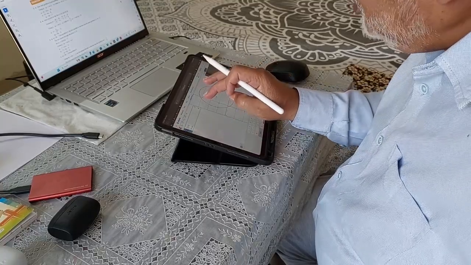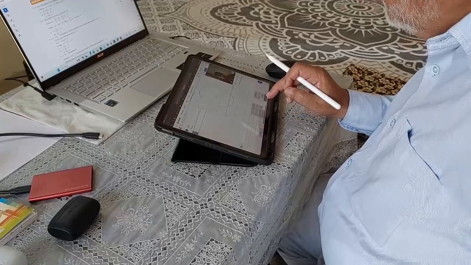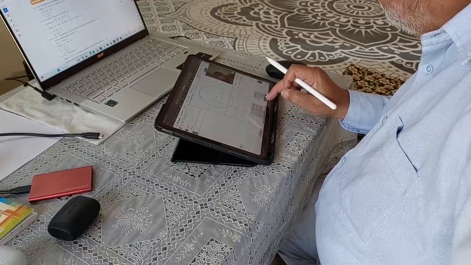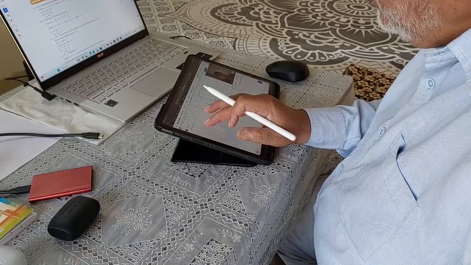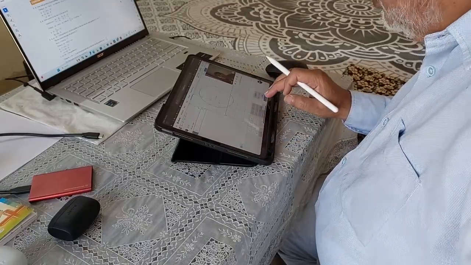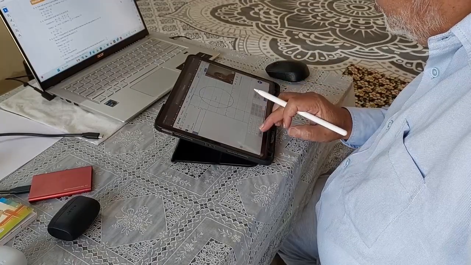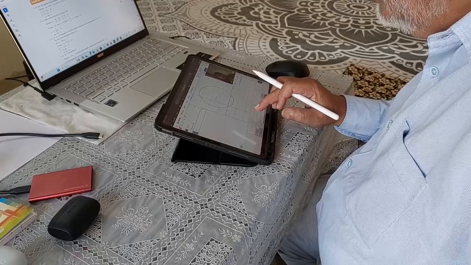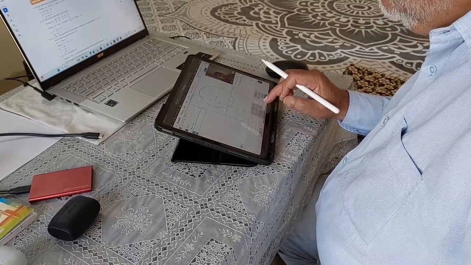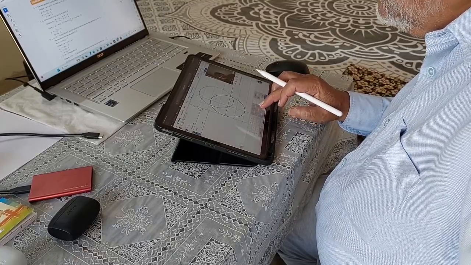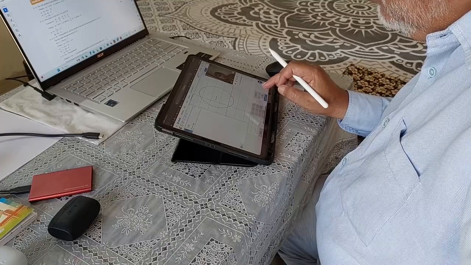Radius r is equal to 4. Okay, now look here. This is giving me another circle.